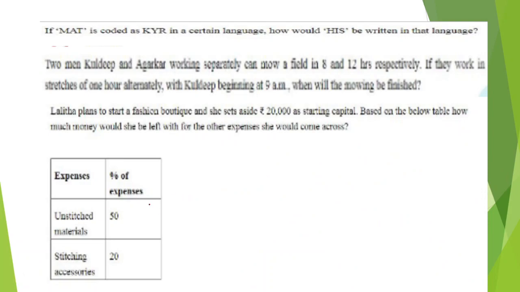Okay, 9th question. Lalitan plans to start a fashion boutique and she sets aside 20,000 rupees as starting capital. So 20,000 rupees is her starting capital. Based on the table below, how much money would she be left with for other expenses she would come across?